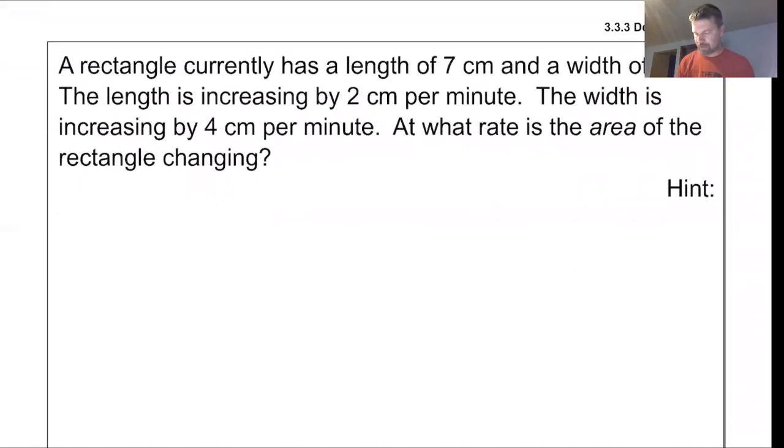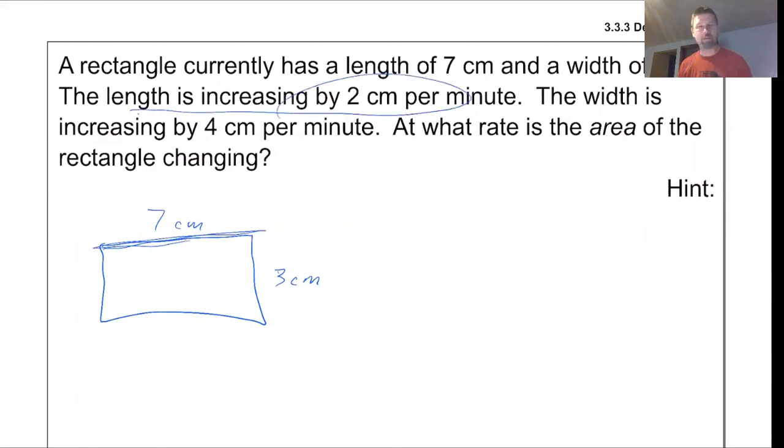All right, so it's basically saying I've got this rectangle. It's currently a 7 by 3 centimeter rectangle, but it's growing, right? That length is growing at a rate of 2 centimeters per minute. So this is my length, but my rate of change in length, my dL dx, how quickly that length is changing, that's 2.